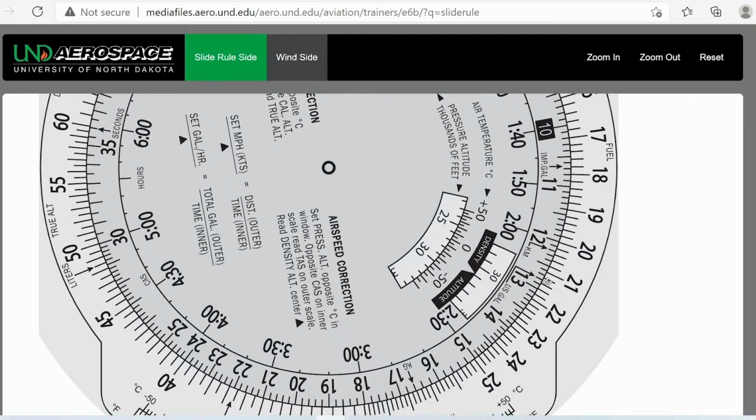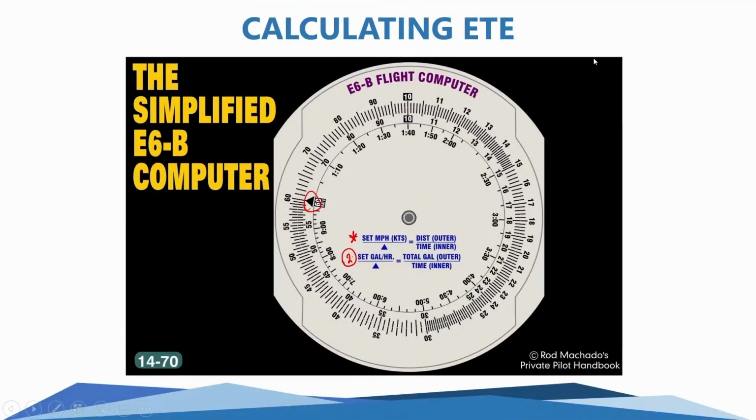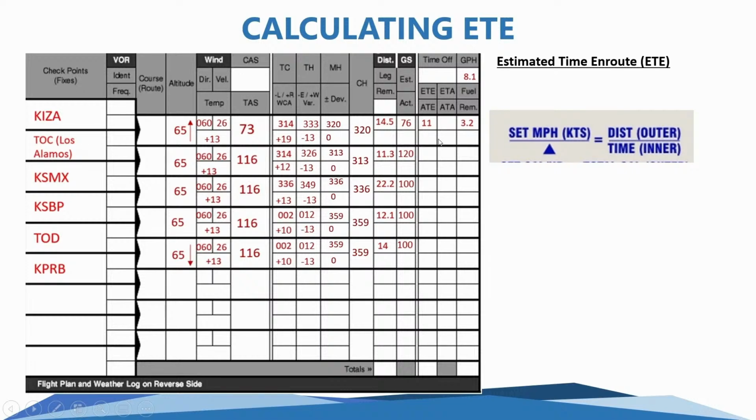Okay, that's one. Once we have all of that basically computed, then we're going to start adding in the information as we do it step by step. So let me go back here. And this is your formula, right? So remember, you always have this on your E6B. You're going to put the knots over the triangle.